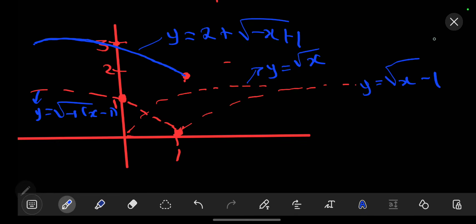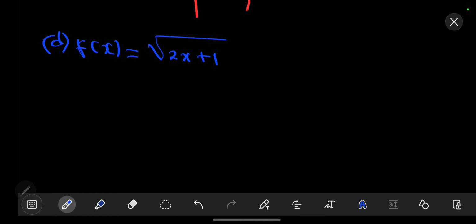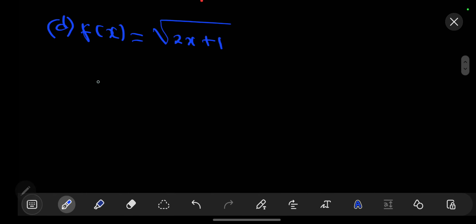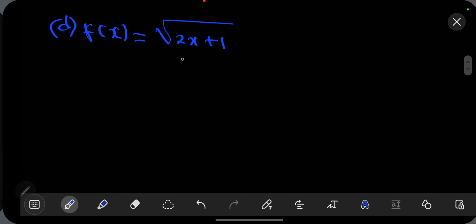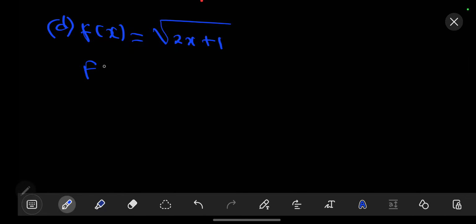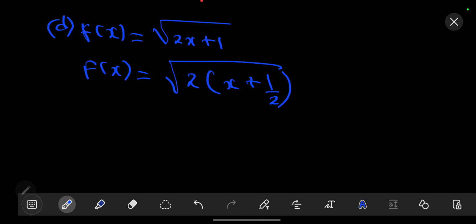Let's look at our next question, where we have f of x equals 2x plus 1. So how do we graph this one? Same approach. We can make x alone by saying f of x is equal to, if we factorize a 2, 2 open brackets x plus 1 over 2.